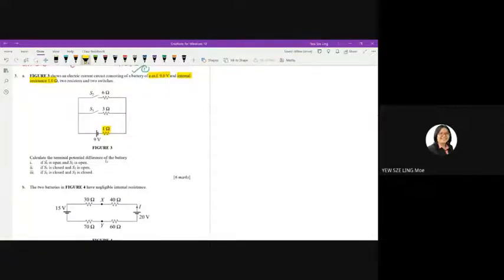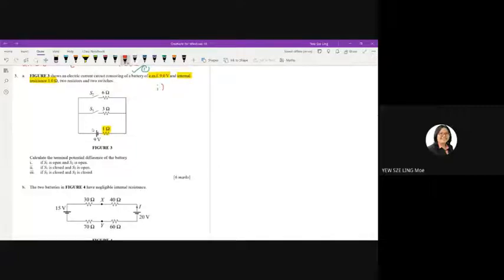Calculate the terminal potential difference of the battery if, now question 1, both S1 is open and S2 is open. If both switches are open, then you don't have a complete loop right there. Without a loop, what does it mean? It means no current flow. No current flow, what does it mean?